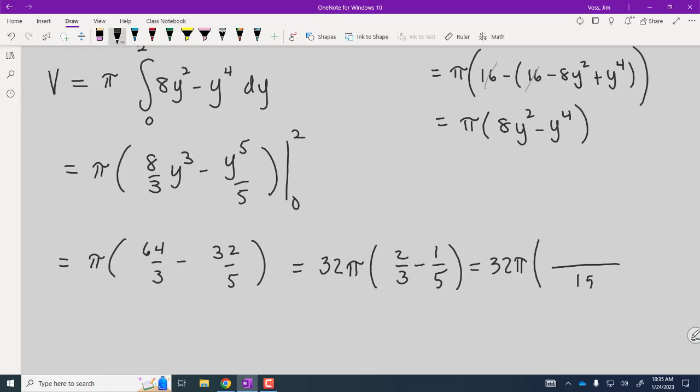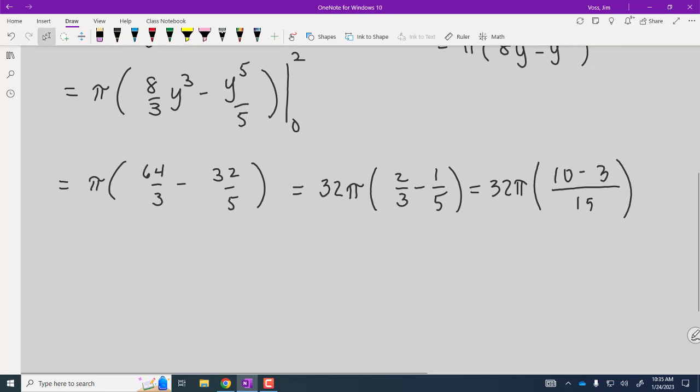Multiply the 2 by 5 and we get 10. Multiply the 1 by 3, we get 3. And that'll be our final answer. So we'll have 7 multiplied by 32. 7 multiplied by 32 is 210 plus 14, 224. Pi divided by 15.